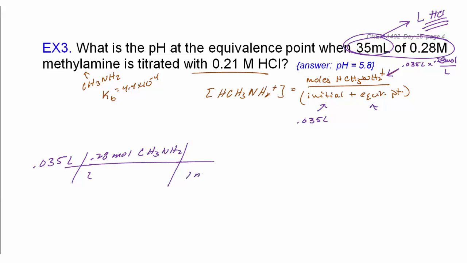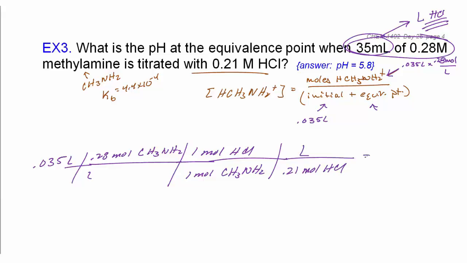And for every 1 mole of methylamine, I have 1 mole of HCl and 0.21 moles of HCl in every liter of that HCl solution. 0.035 times 0.28 divided by 0.21, 0.047. Okay.